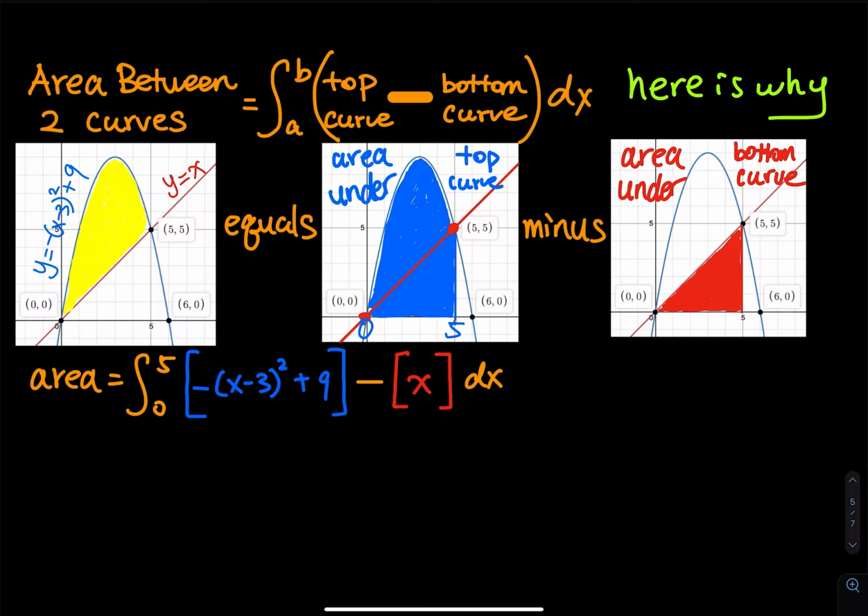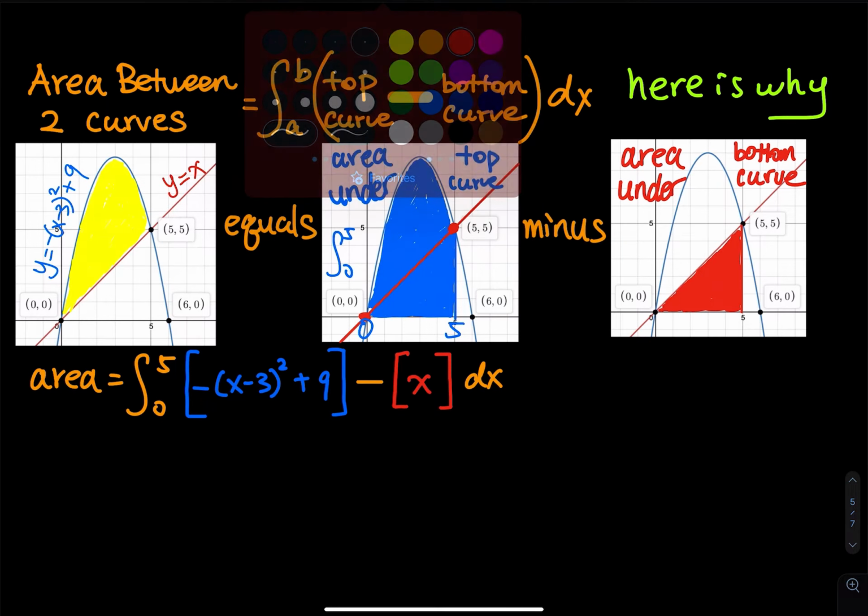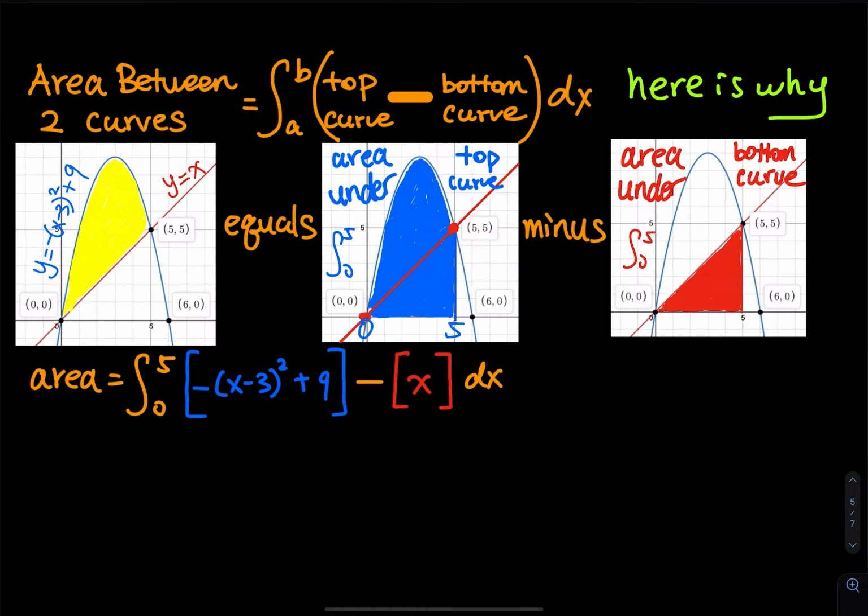For the straight line, we are going to set up an integral from 0 to 5. So I should write this down for you. This is from 0 to 5 of the parabola, and this one is from 0 to 5 of the straight line, x dx. That gives you that red region over there.